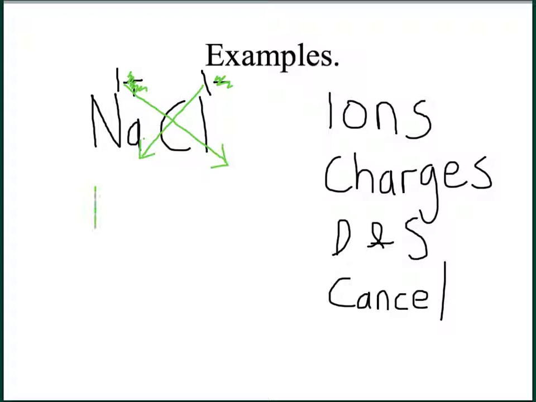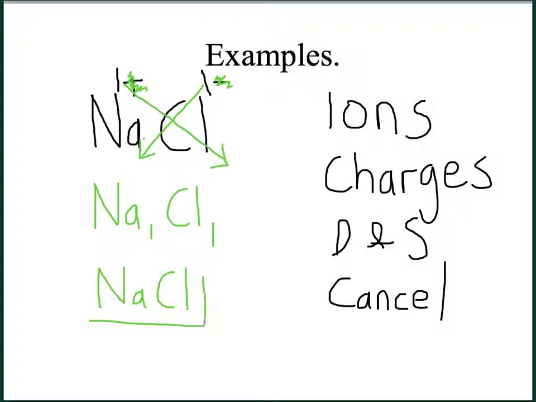Now that means we end up with Na1 Cl1. Those numbers are the same, so we would leave those like that, but in chemistry we never write 1s in a formula or an equation, and so the formula is NaCl.